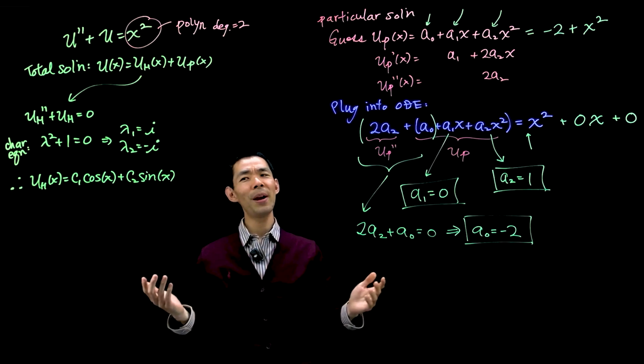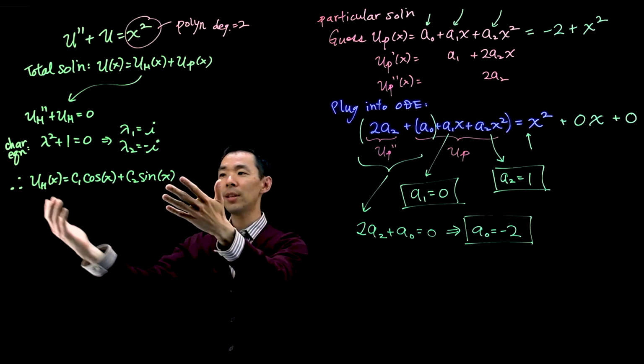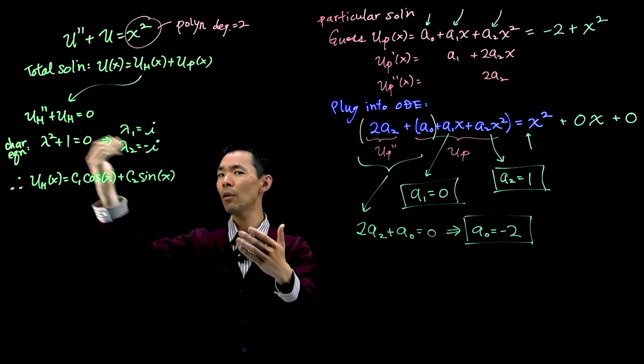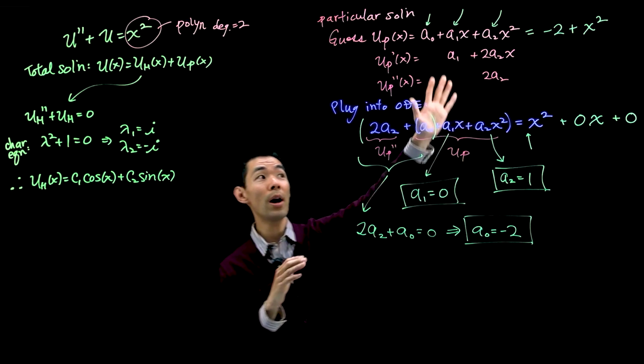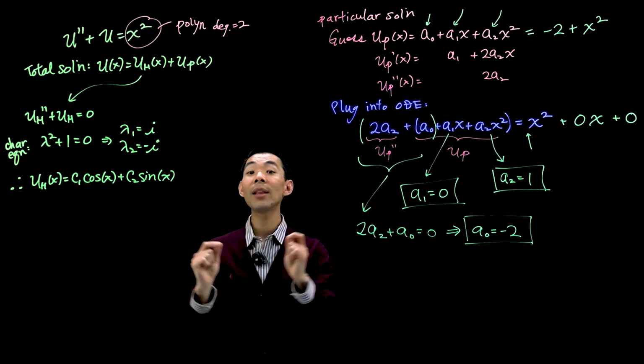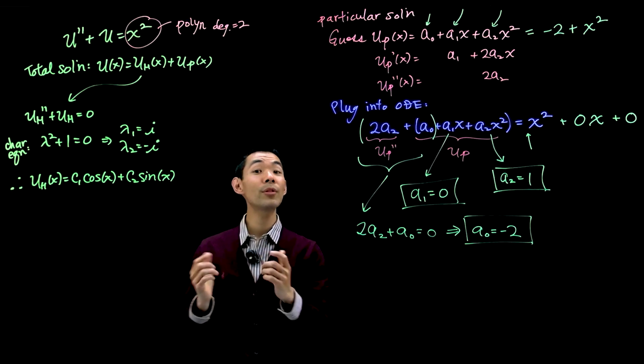So apparently, I have a homogeneous solution which satisfies this equation equal to 0 on the right-hand side, and one particular solution that satisfies the right-hand side. If I add those two solutions together, I get the most general solution.